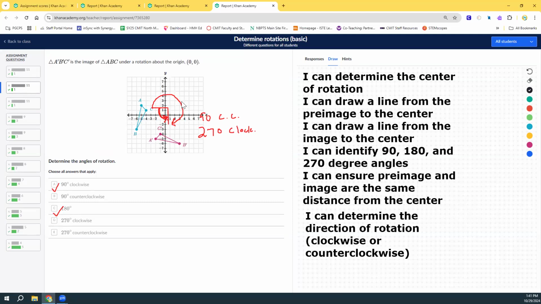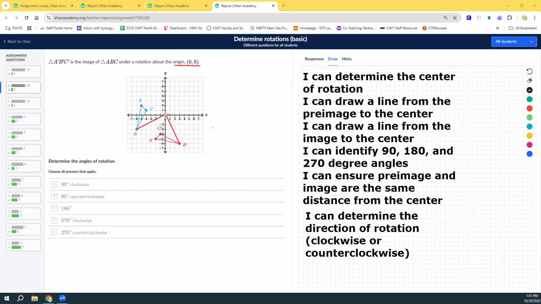All right, let's do one more. I know I said one more, but I think we should do one more. Here we go. Okay, the center of rotation is the origin, right? So I'm going to choose B this time and draw a line from B to the center and B prime to the center.